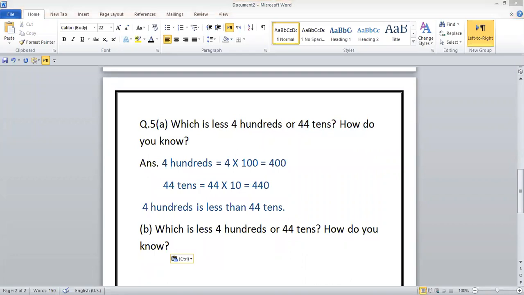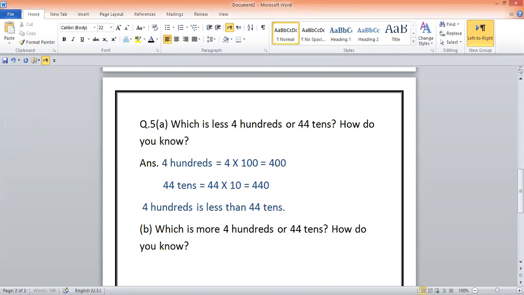Okay. Which is more, 800 or 88 tens? So how to write the answer of it, guys? I will do the same thing.